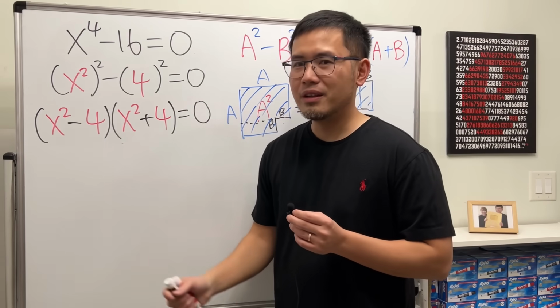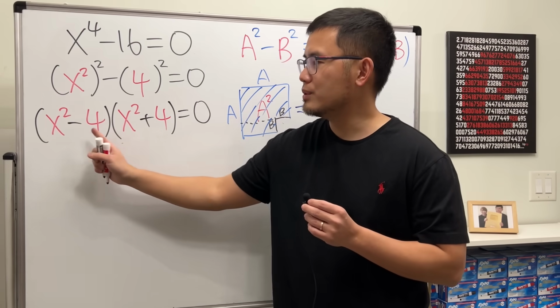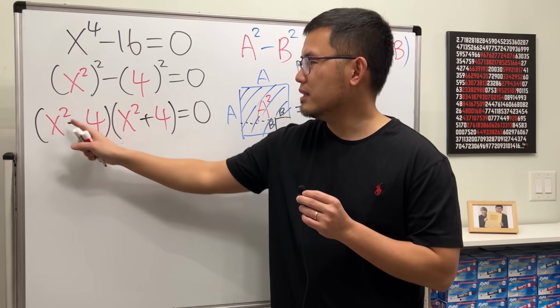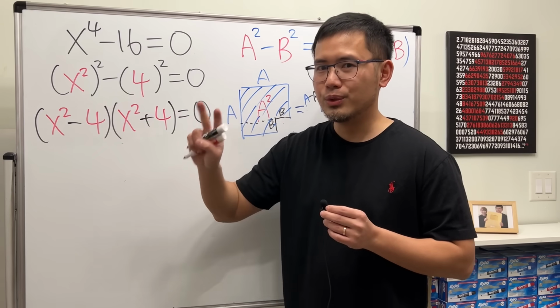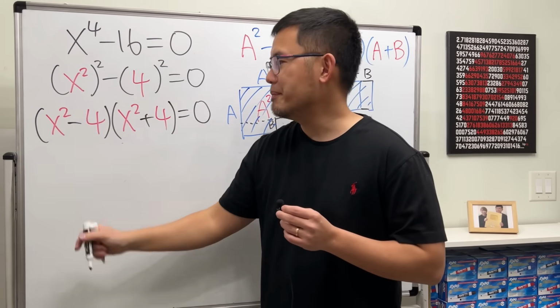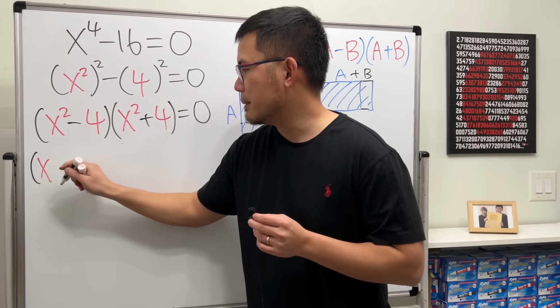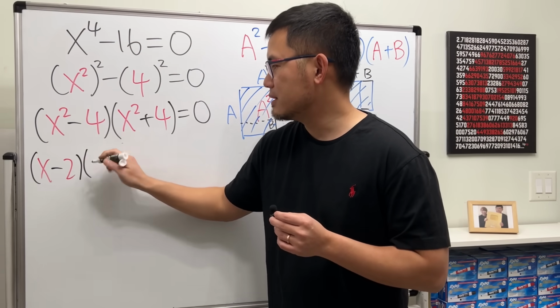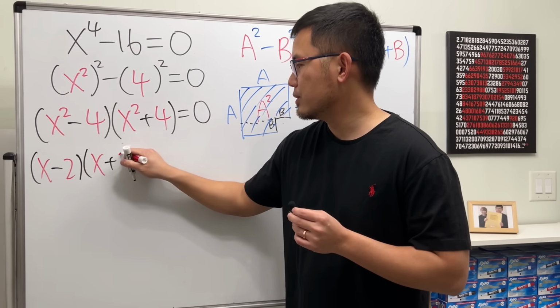The first part right here is still a difference of two squares. Here we have x squared, and the 4 is the same as 2 squared. So we can use this formula to factor this one more time, and then we will get x minus 2 times x plus 2.